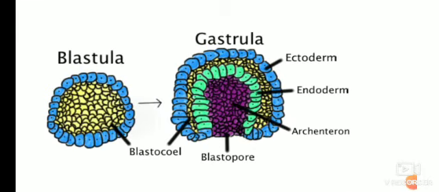This gastrula has 3 germ layers. Outermost ectoderm, I told you it will form the brain. Endoderm will form the heart, and mesoderm will form bones and muscles.